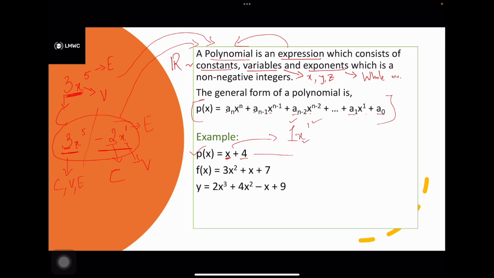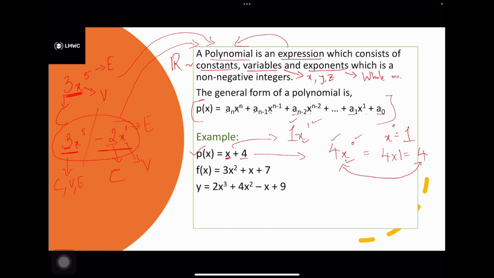So similarly, if you look at the number 4, I can also write this as 4x to the power 0. So 4 is our constant, variable is x, and exponent is 0. So why have I chosen x to the power 0? Because any number with a power 0 is equivalent to the number 1. So that means 4 times 1 is 4. So I can either write it this way or write it this way.